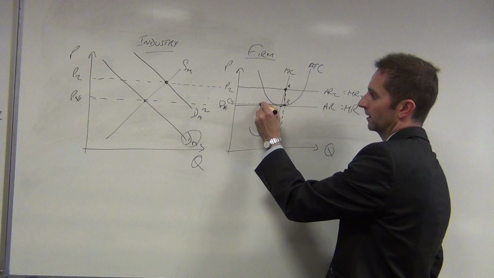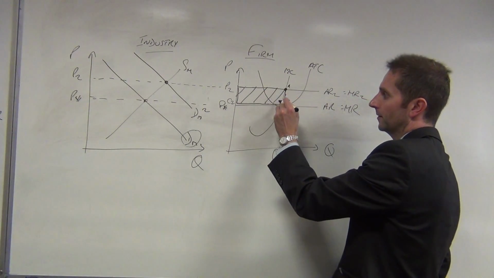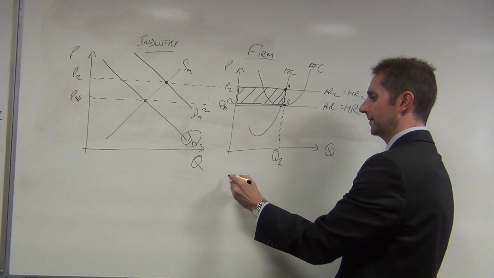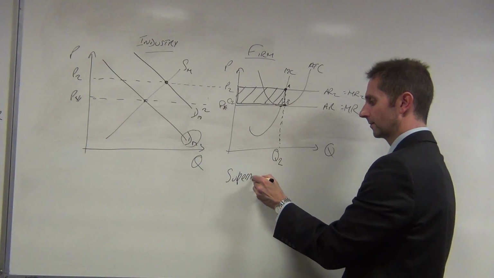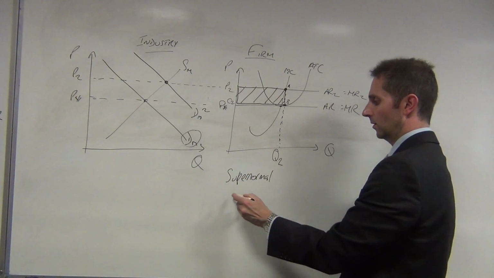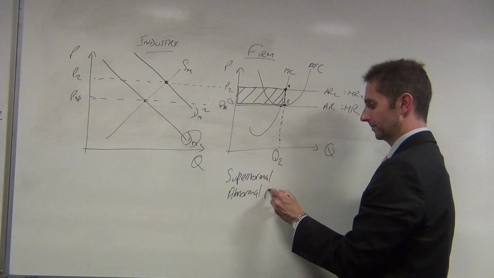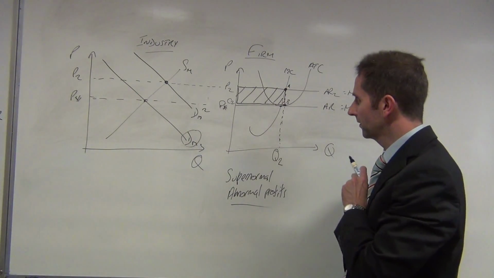So basically here. And that rectangle, you'll be familiar, is known as supernormal, in some textbooks, or abnormal profits. So something which monopolists would be familiar with.